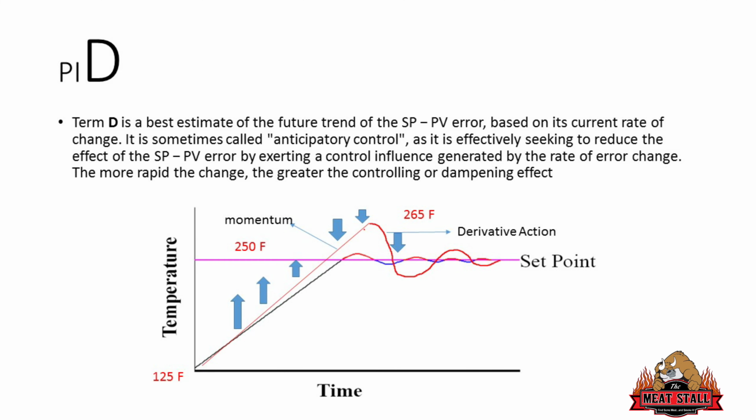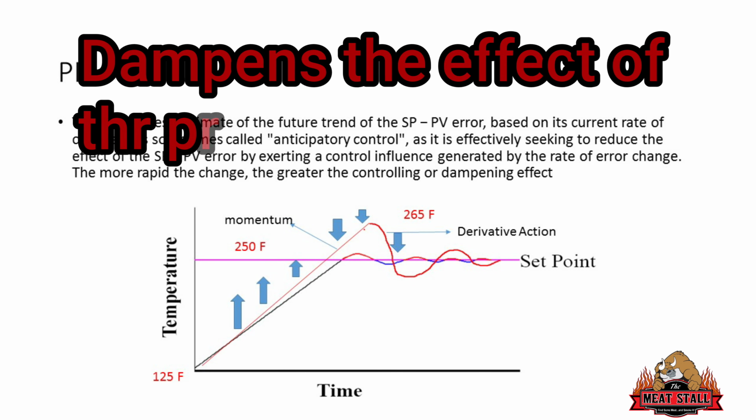It's going to get up there, and the closer it gets to set point, it wants to stop. But it doesn't have the ability to just stop on a dime and go to 250. So what it does, it may overshoot because we have momentum from the process. What the derivative action does, it places a downward motion on the action.